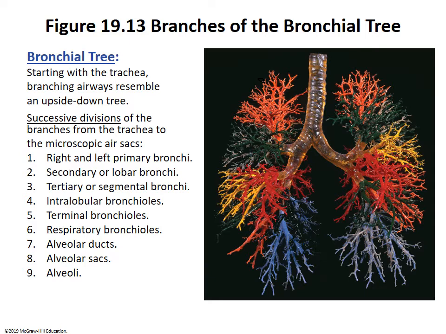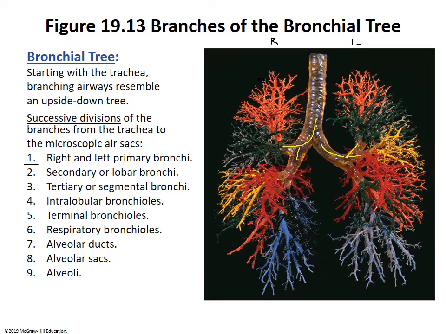But there's going to be a process of these bronchi or these tubes starting to get smaller and smaller. So we start with a right and left primary bronchi. This side is going to be the right, this side is going to be the left over here. As this goes in, and I'm going to get a different color for this now, it's going to branch as soon as it goes into the lung.